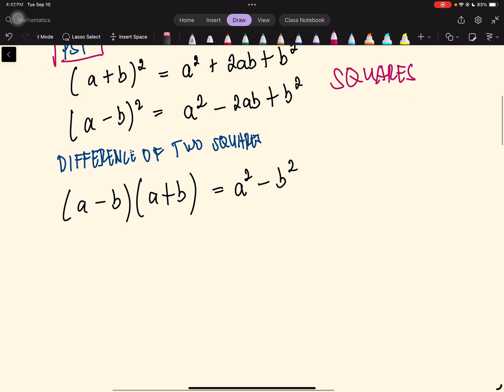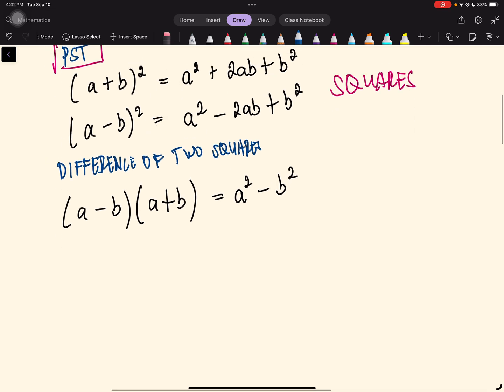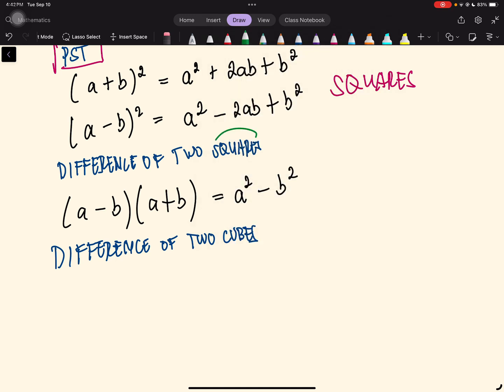And then, most importantly, ito yung for me pinaka-useful sa cubes. Difference of two cubes. Ito naman cubes naman siya. Kanina we're dealing with squares, di ba? Now we're gonna deal with cubes, or the polynomials raised to the third power.